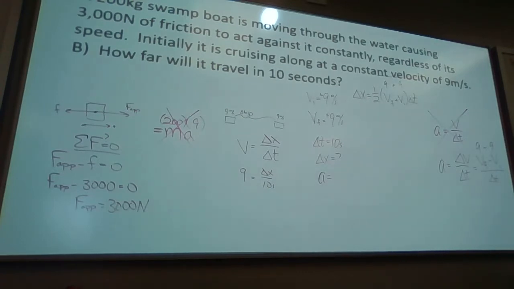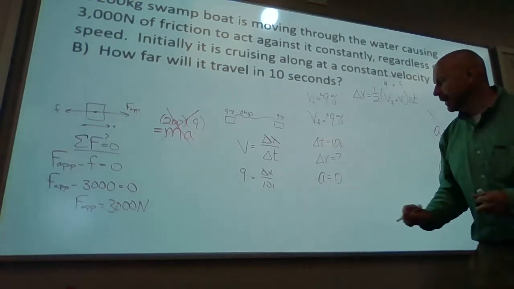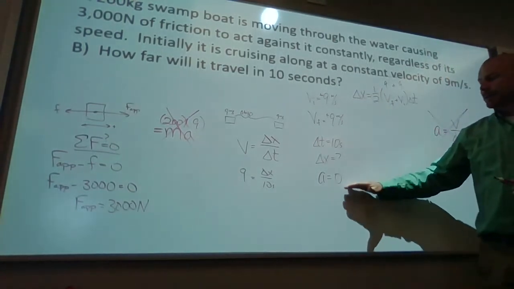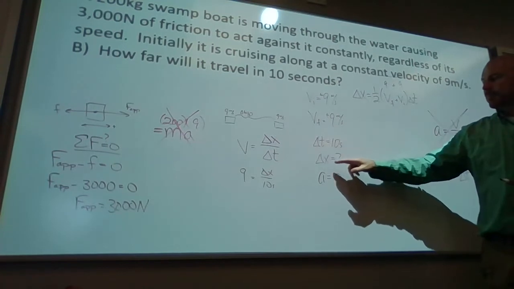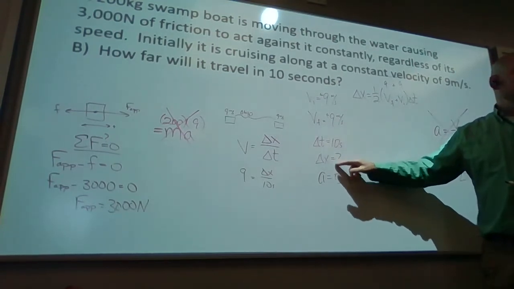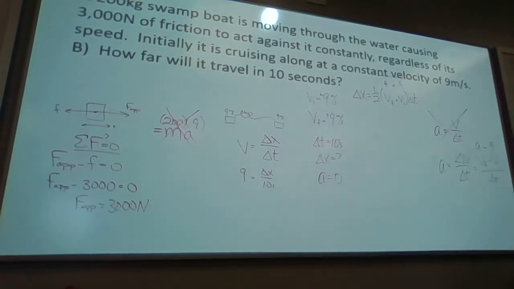There is no change. Velocity is constant. Therefore, acceleration is 0. So you could employ any kinematic equation that has delta x in it and get 90 meters. You have lots of options.